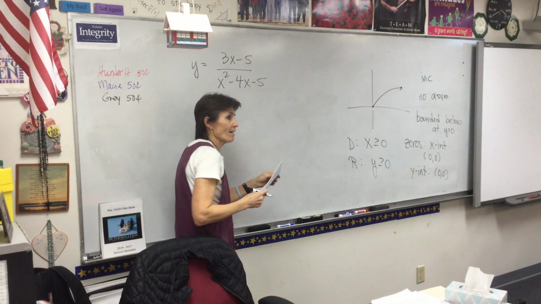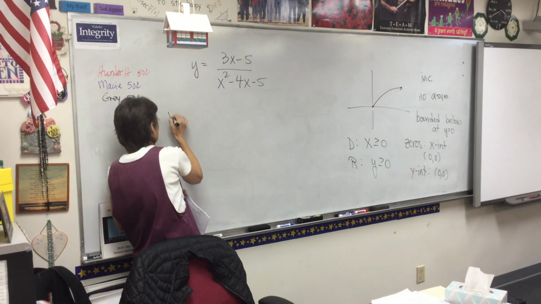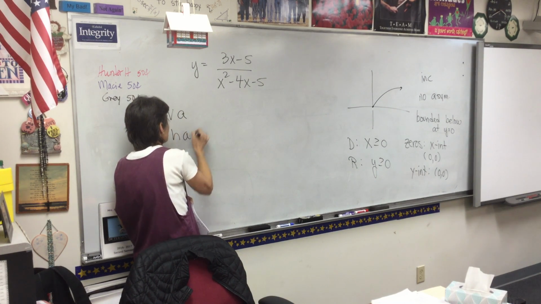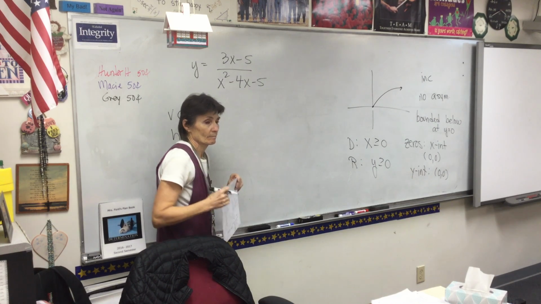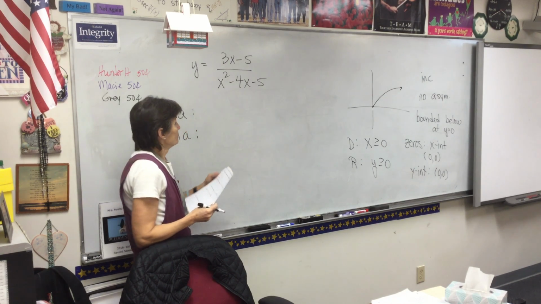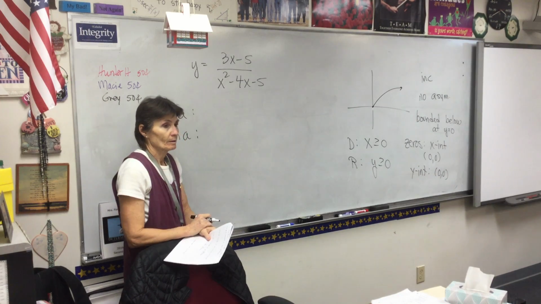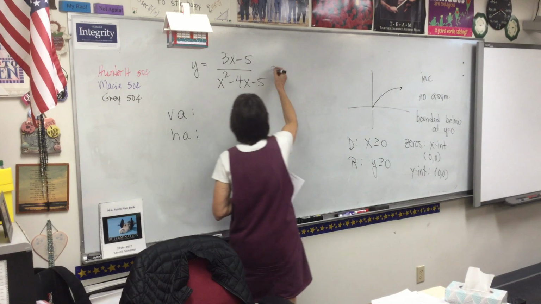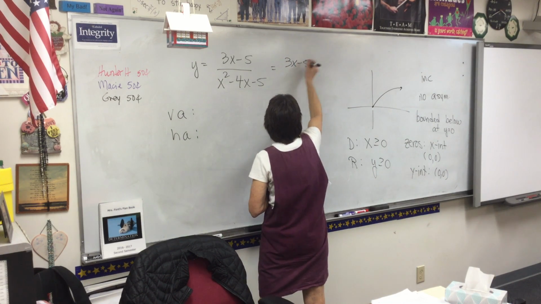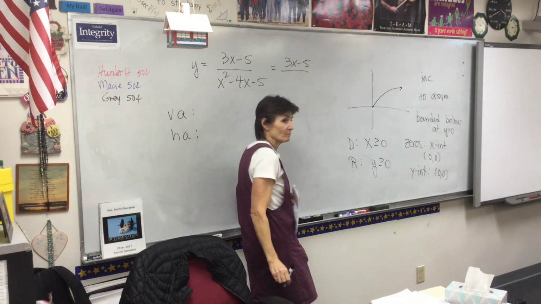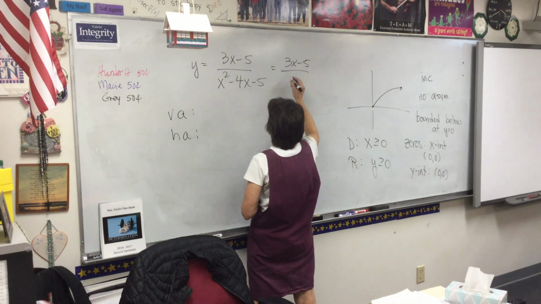You're not asked to graph the thing, you're just asked to find the vertical asymptote and the horizontal asymptote. So what do we have to do here? We have to factor the bottom, absolutely. And if the top factored, we would factor it too, but it doesn't.